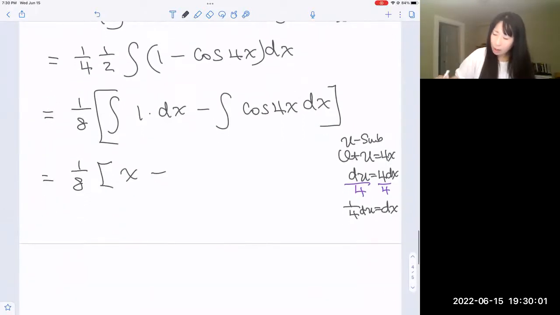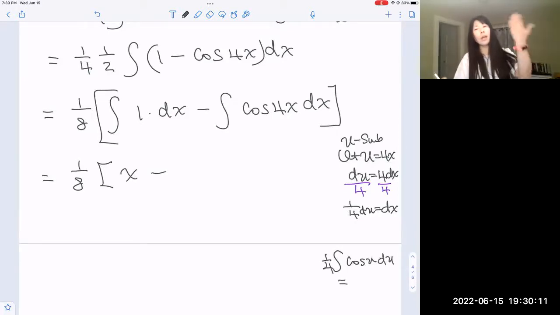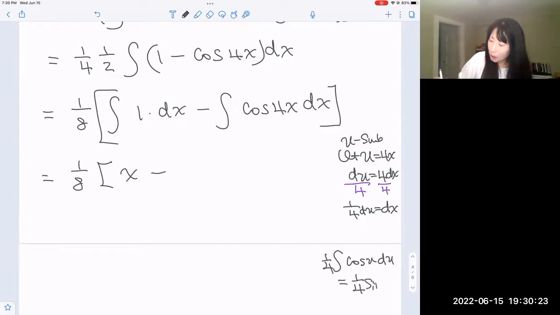So we will have cosine u and 1/4 du. So the antiderivative of cosine u, what do you get? Sine u. Just sine, right? The antiderivative. Yeah.